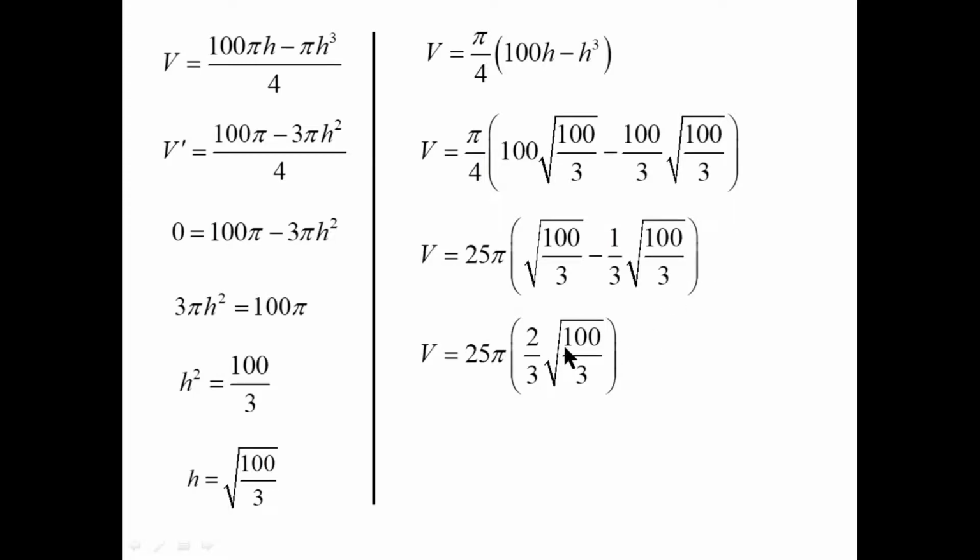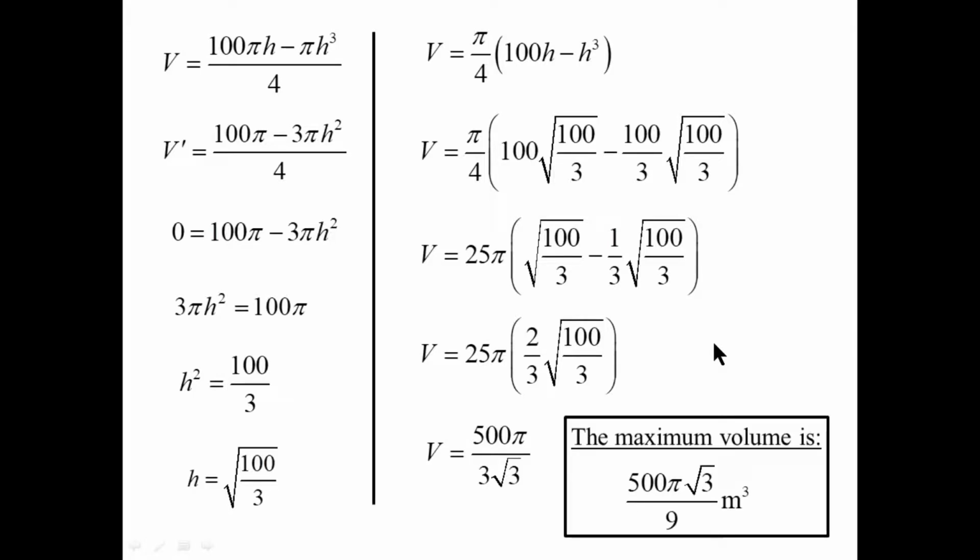Processing further, the square root of 100 is 10, and 10 times 2 is 20. And 20 times 25 is, well, 2 times 25 is 50, so 500 pi over 3 root 3. And some might want to rationalize the denominator. And we have our maximum volume, 500 pi root 3 over 9 cubic meters.